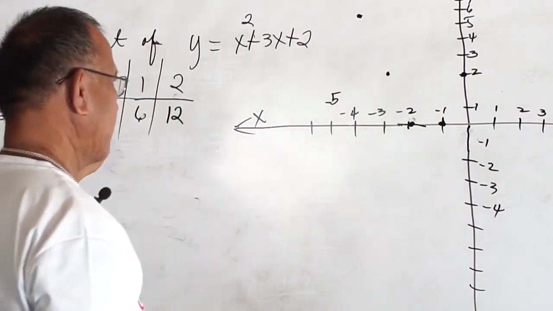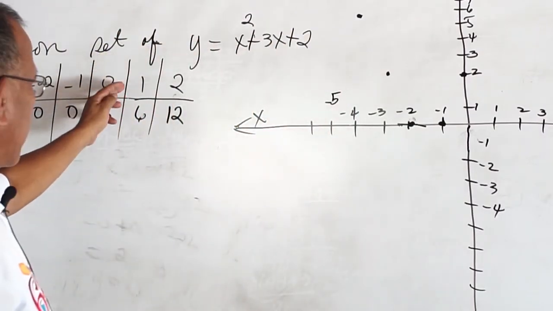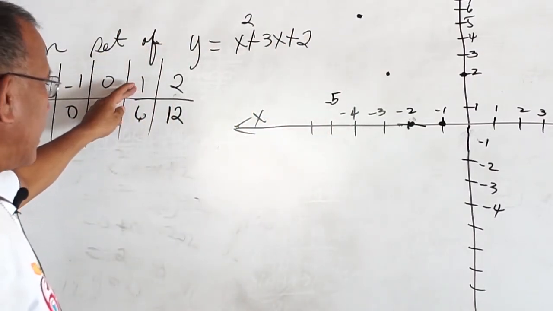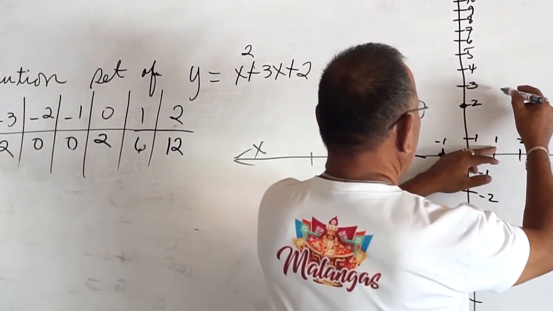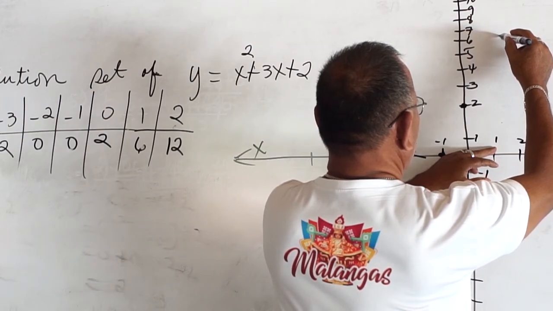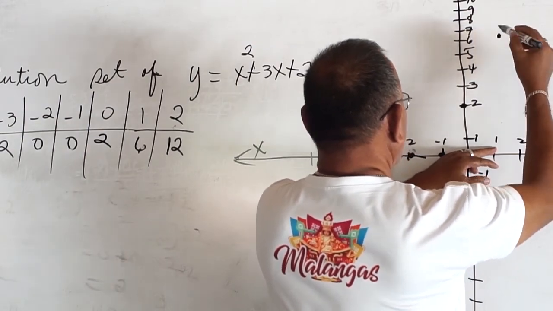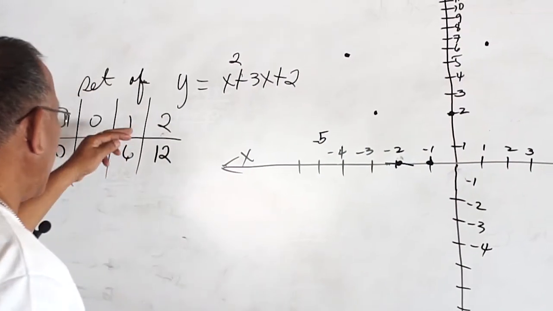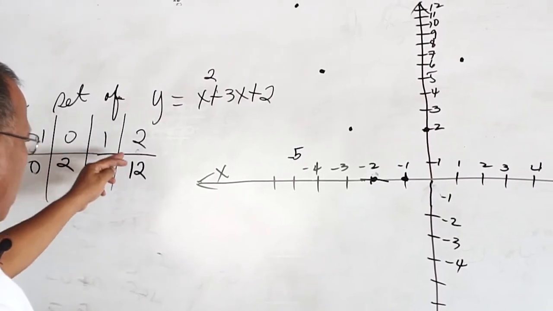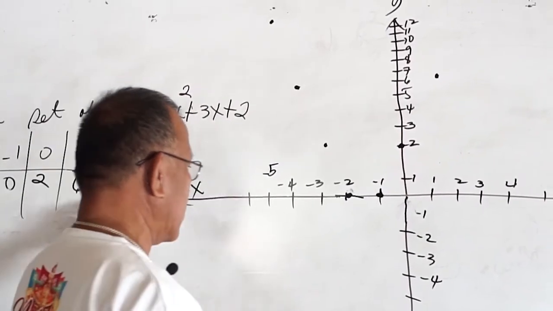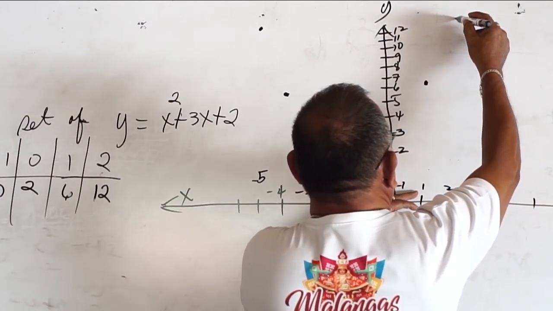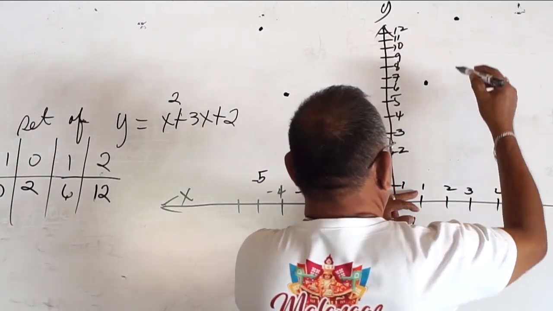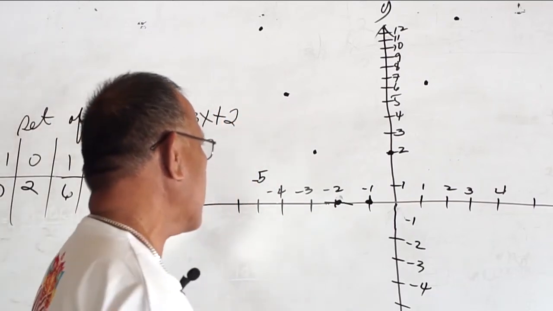The next ordered pair: the x-axis is 1, and the y-axis is 6. So the point is here. Then the last: the x-axis is 2 and the y-axis is 12. So the point is here.